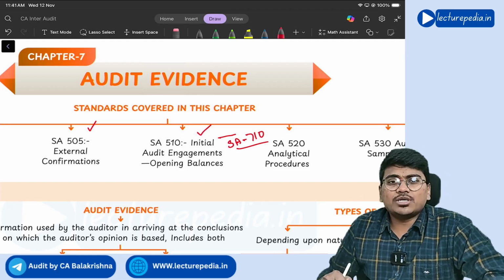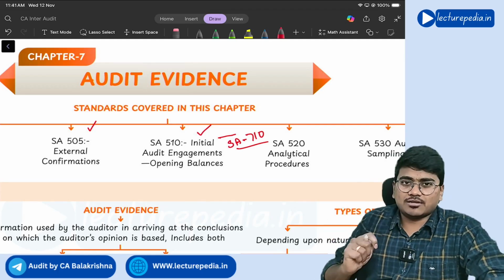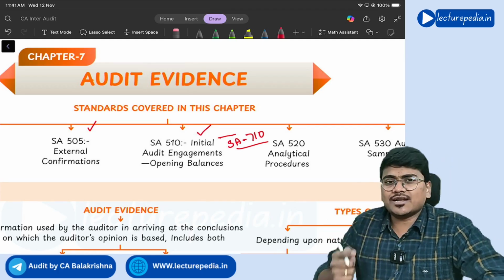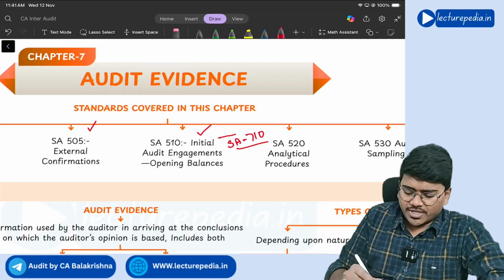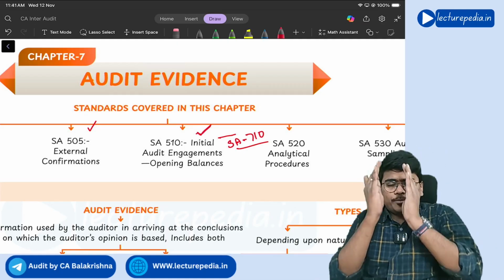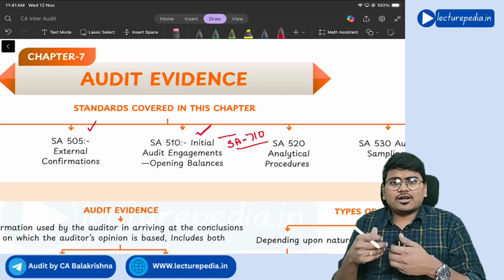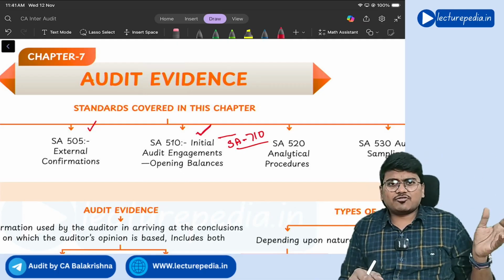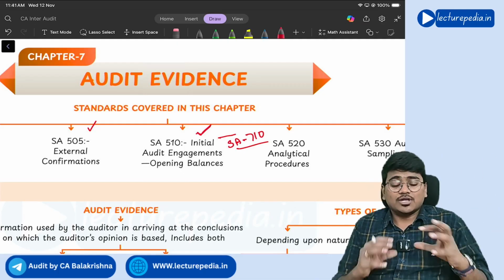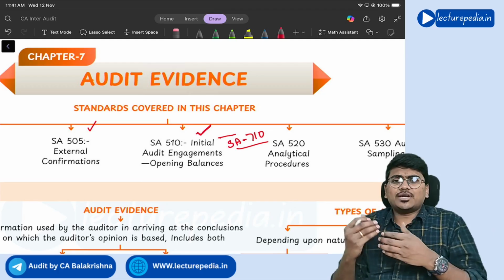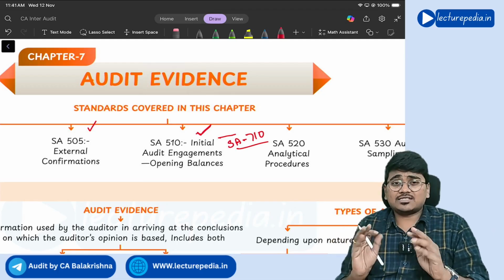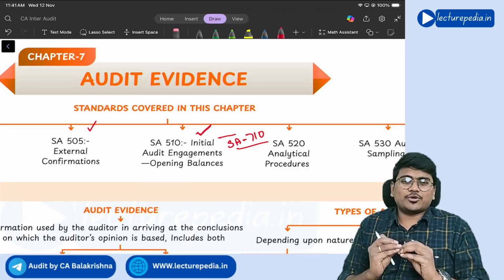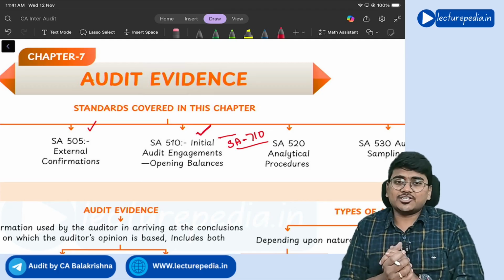So comparative information belongs to previous year. Previous year figures you will give in the current year as comparative information. Auditor will verify that comparative information. Here also, in case of SA 510, opening balances of current year are nothing but closing balances of previous year, correct or not? So the procedures that you have performed in SA 710 will be somewhat similar. I don't say exactly similar, some similar kind of procedures we will be seeing in SA 510 also.